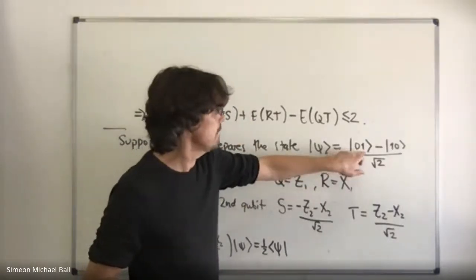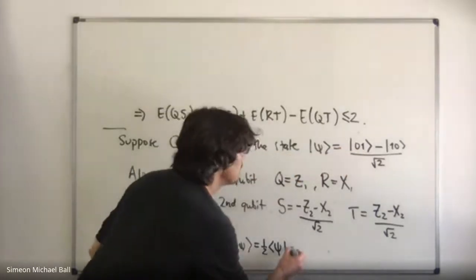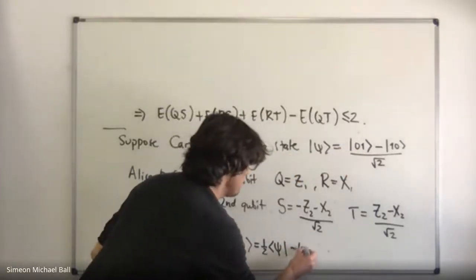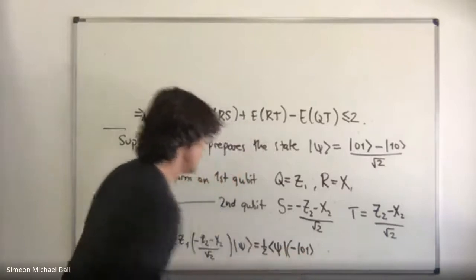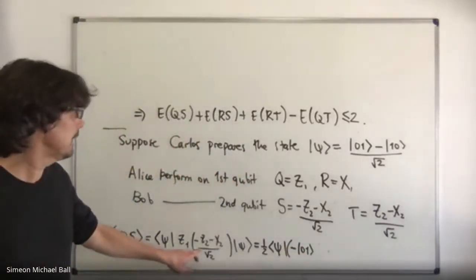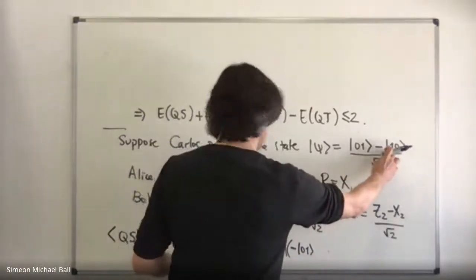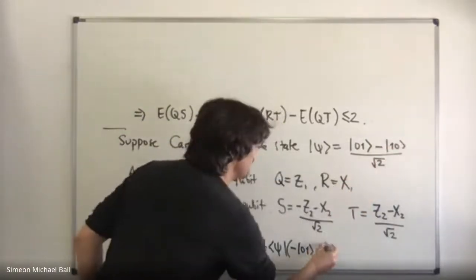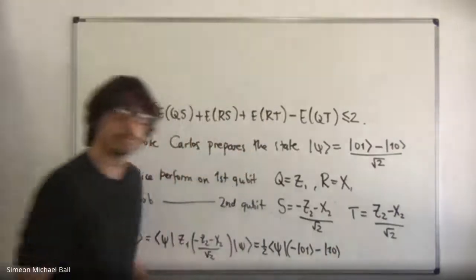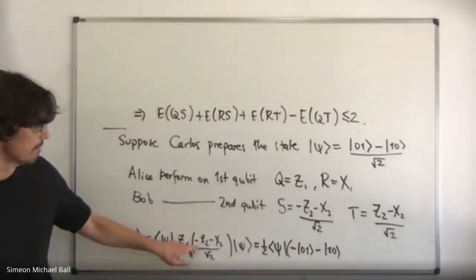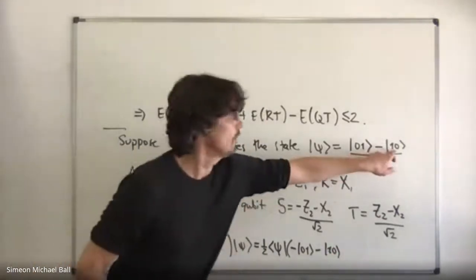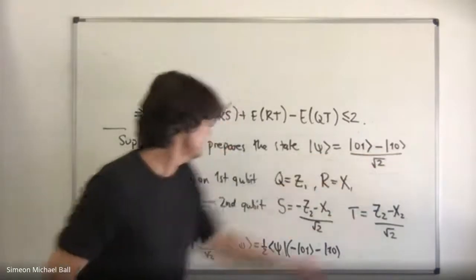So there's no 1 here, but there is a 1 there, so that's going to be minus 0, 1. And minus Z1, Z2 on here, well, that's going to give the plus and then a minus here, so that's going to be minus 1, 0. So that was the minus Z1, Z2 on this term.